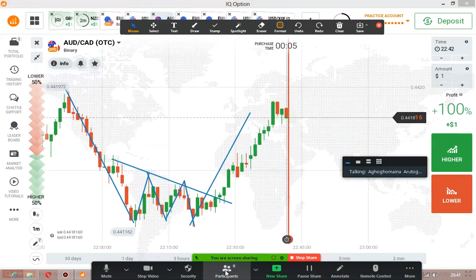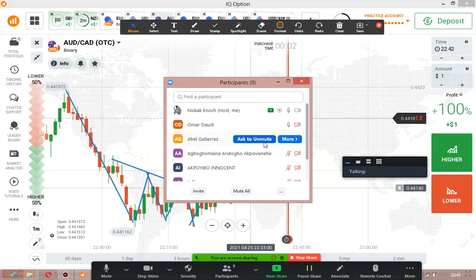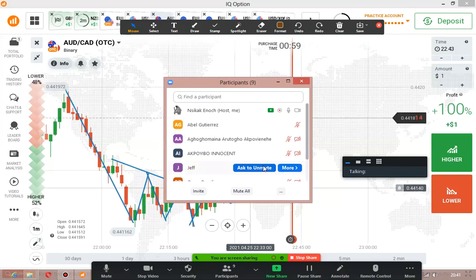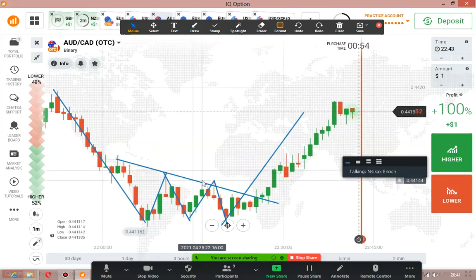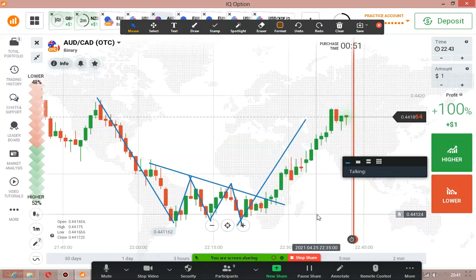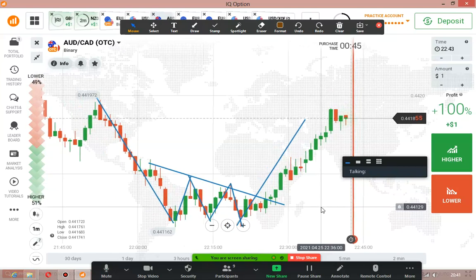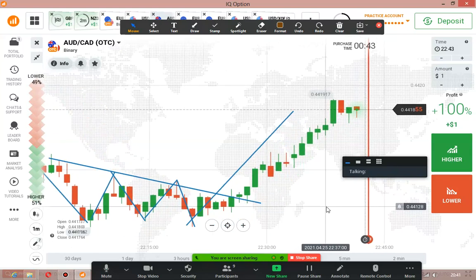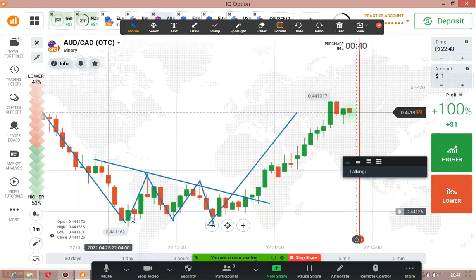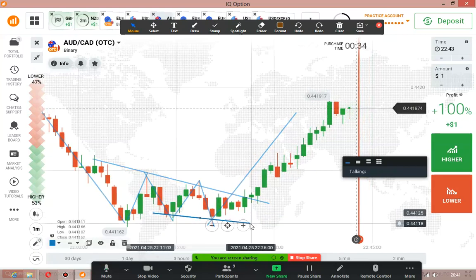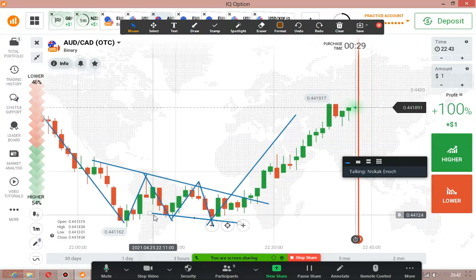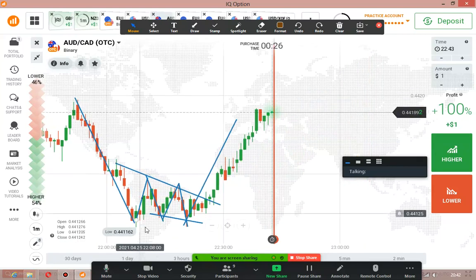The bullish reversal. Let's say this is a bullish reversal from bearish to bullish.